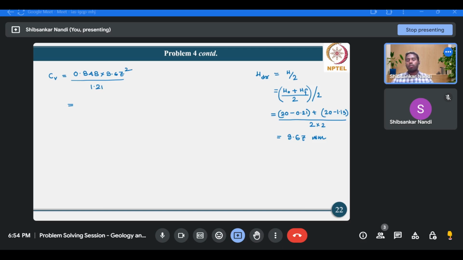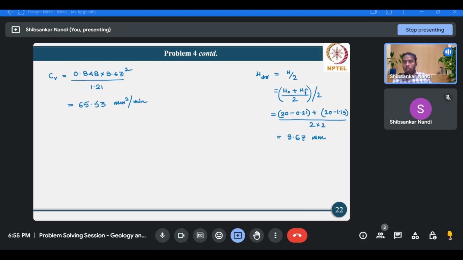So 0.848 into 9.67 square divided by 1.21. So it's 65.53 millimeter square per minute.